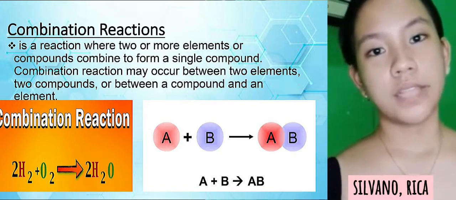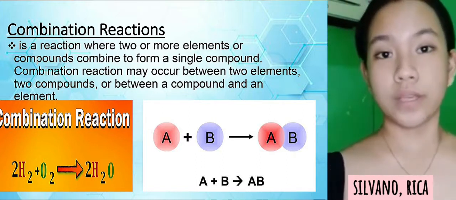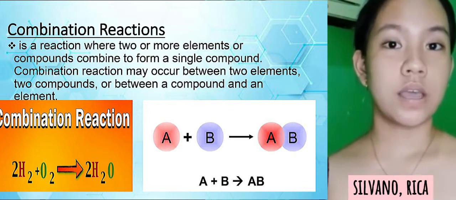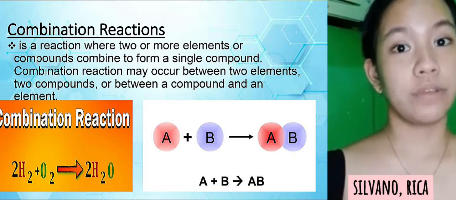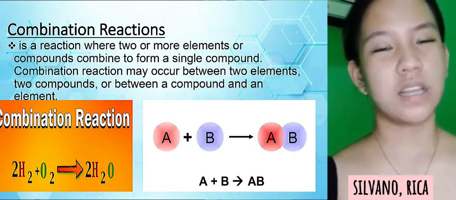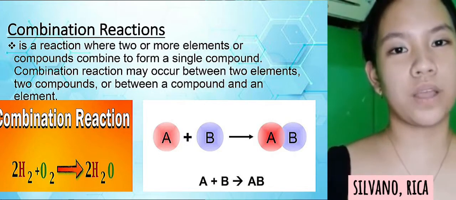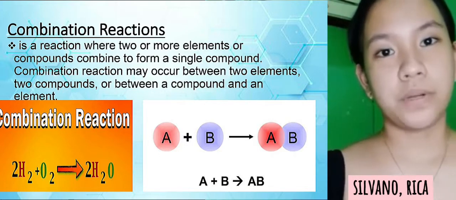And take note, the product will always be a compound. So a while ago, my example is just an example given by me, and it's not substances from the periodic table.